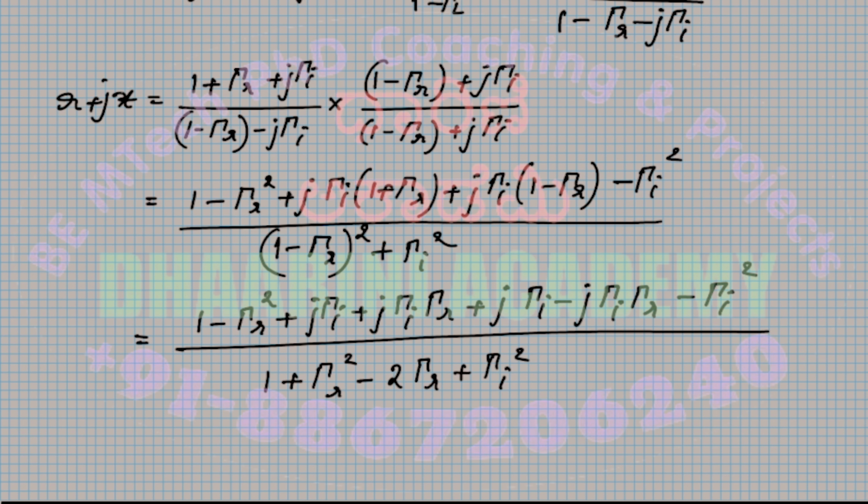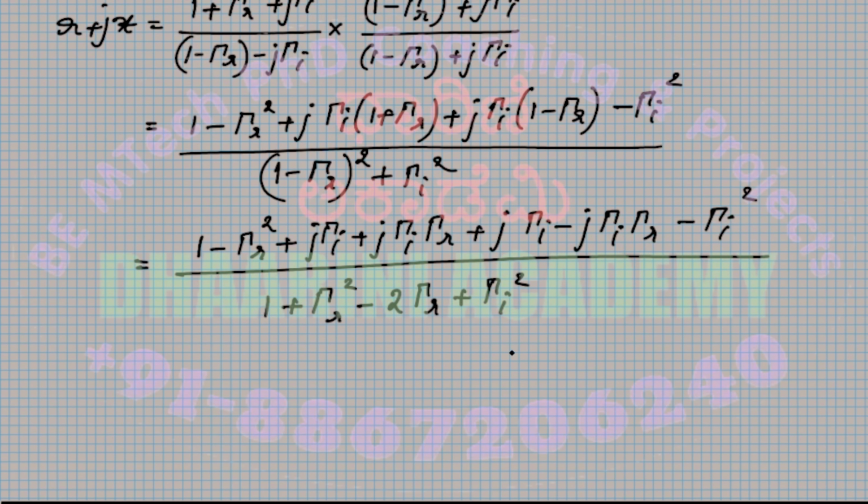Now let me separate the real and imaginary parts in the numerator. The real part is 1 minus gamma R square minus gamma I square. Then let me look at the imaginary part of the numerator.